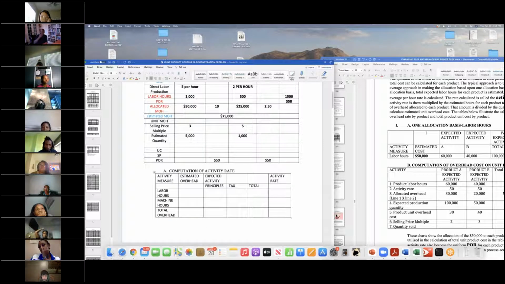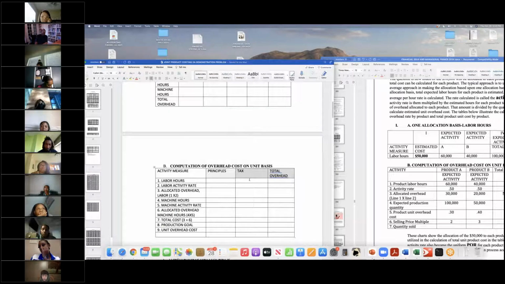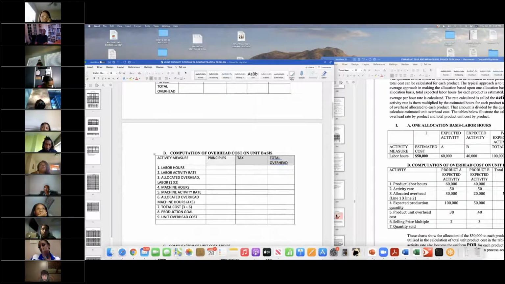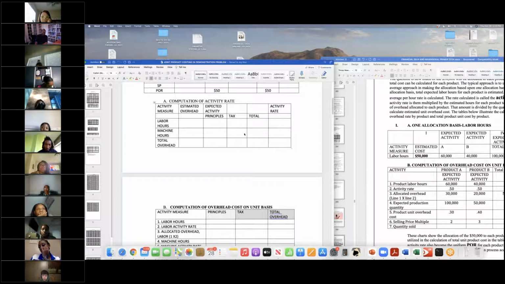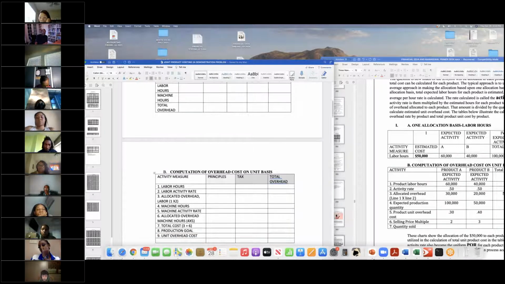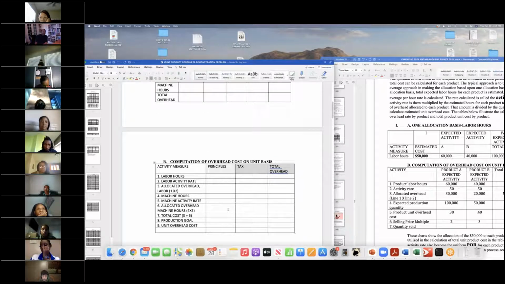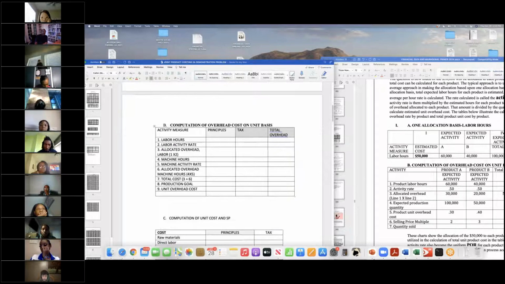So your job now is to come in here and get the unit overhead costs. You're going to go to this chart to, first of all, get an activity rate just using labor hours. Then you're going to compute the unit overhead costs.